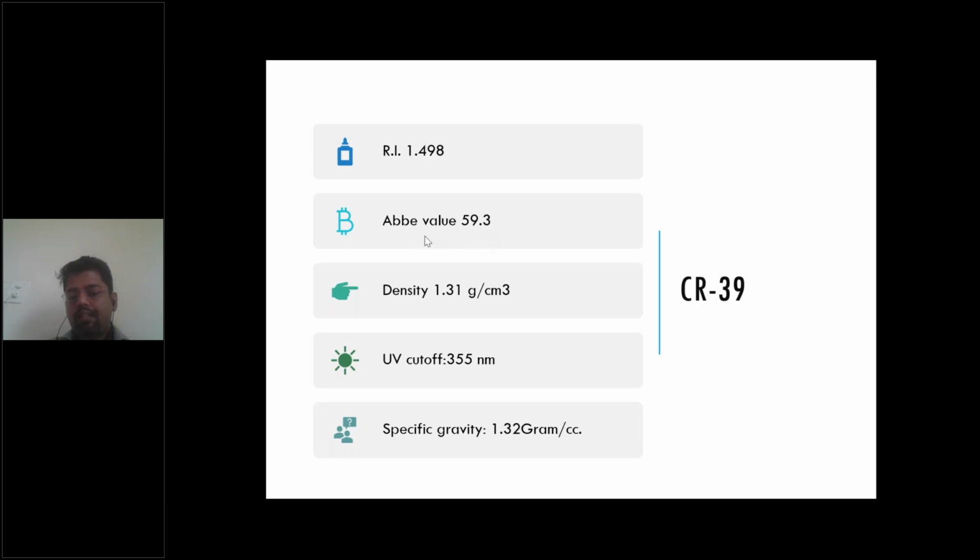If you can quickly answer, so that we can go ahead with the classes. What do you understand by Abbe value of a glass or refractive surface?